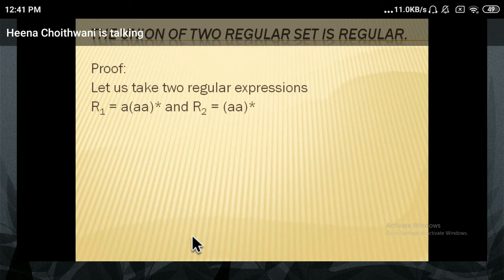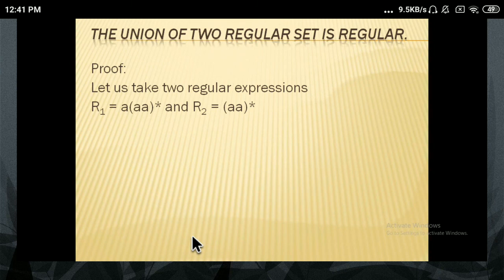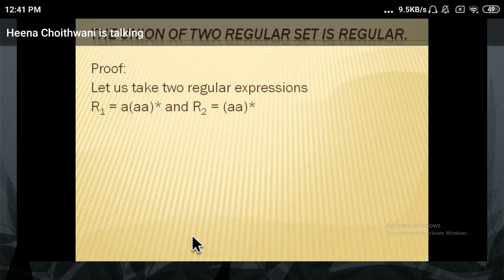If we take a union of both, what will be my final set? अगर मैं सारे A's even length वाले और सारे A's odd length वाले एक जगह पे लेके आऊं, so will it become all the possible strings of A of any length?